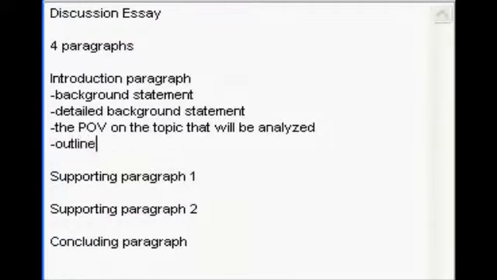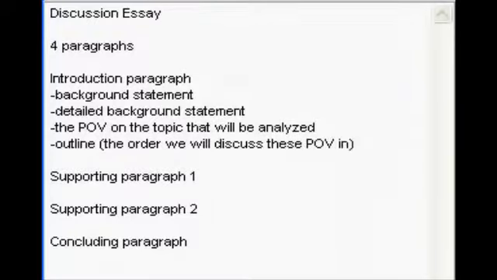Now the last sentence is simply an outline sentence, which is basically telling us the order we will discuss these points of view in. You could even just say these points of view will be discussed in this order, which means that whatever order you said them in the third sentence, that will be the order that they will appear in the supporting paragraphs.